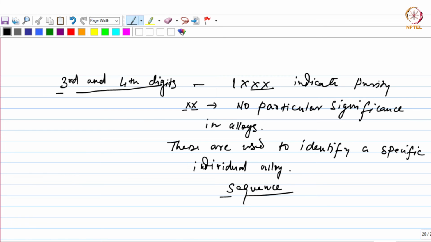Now, if you look at the alloying elements in these wrought alloys, in the 2000 series, copper is the major alloying element. So if you look at the effect of these alloying elements, here copper imparts strengthening due to the solid solution hardening mechanism that comes into play when copper is added.